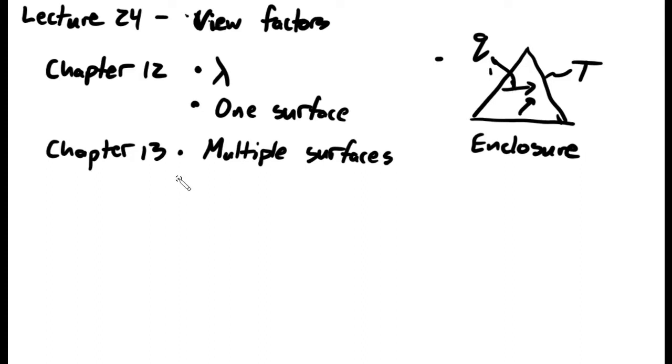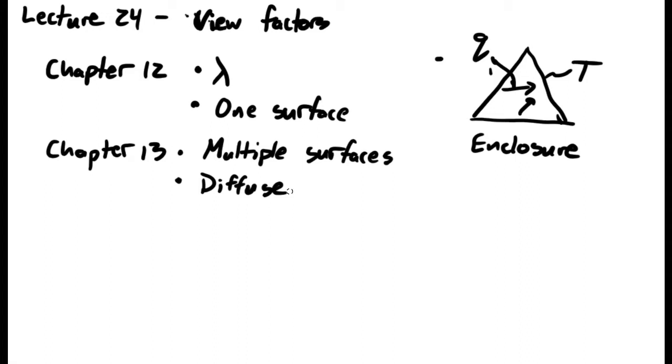Okay, and in order to do that, we're going to have to make some assumptions. These are universal assumptions for all of chapter 13. And the first is an assumption that we've made before and that we will make again: diffuse, meaning we have emission or irradiation that is constant in all directions.